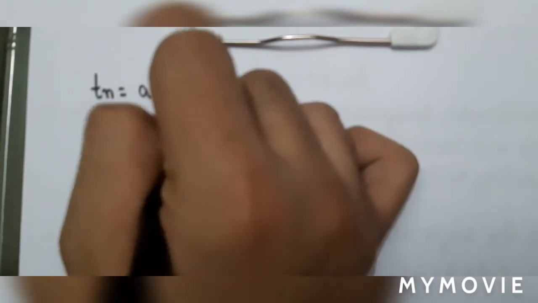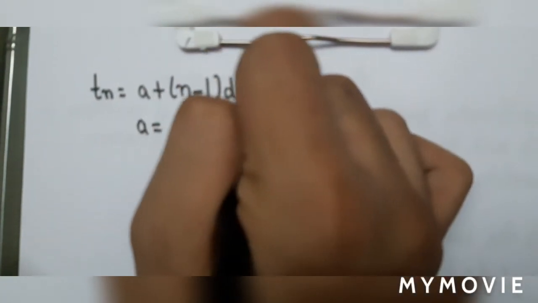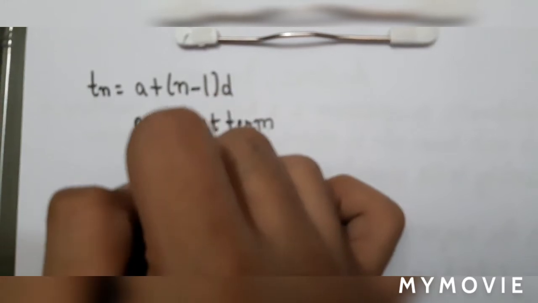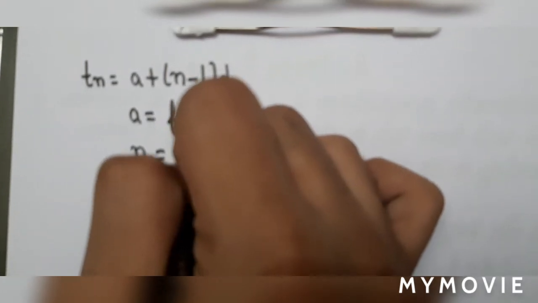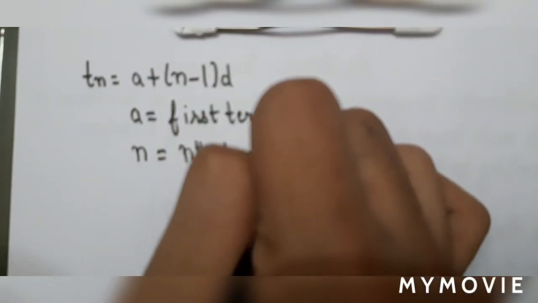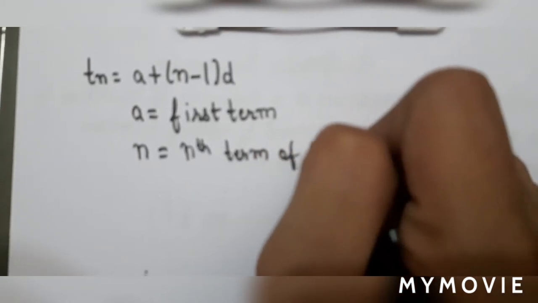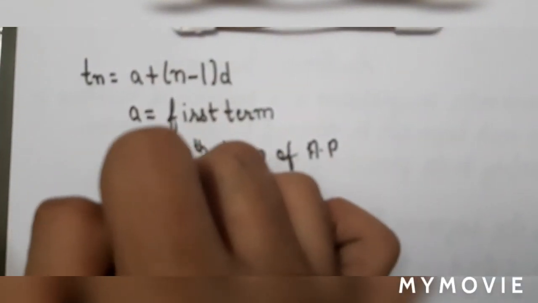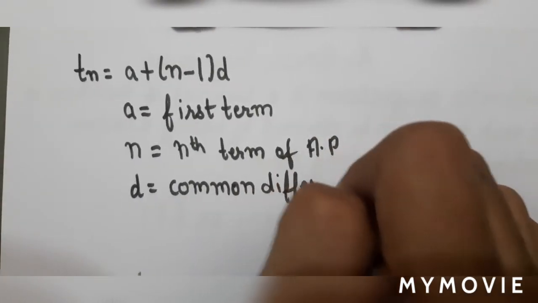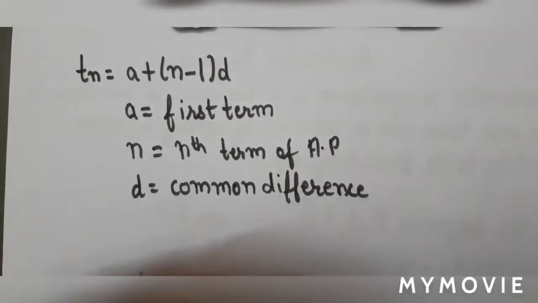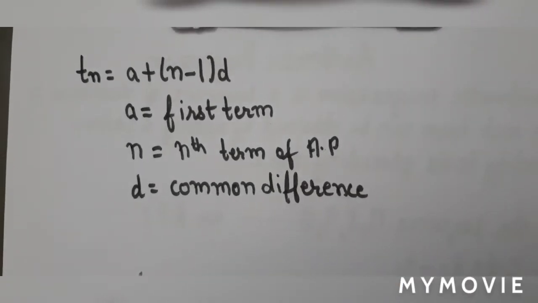So in this formula, a is the first term, n is the position of the term in the series of the AP, and d is the common difference. So friends, this is our formula. So let's move on to our question.